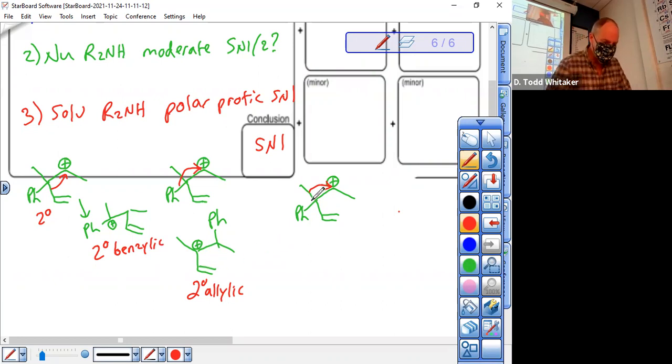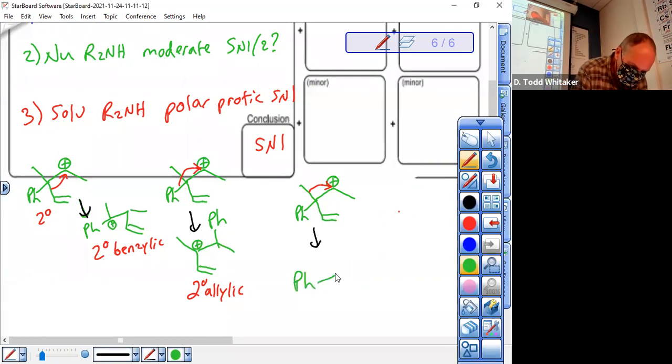When you move this one, let's put our arrows in a different color. That becomes that. That becomes that. This becomes the best you can think of, because it's tertiary. It's benzylic.